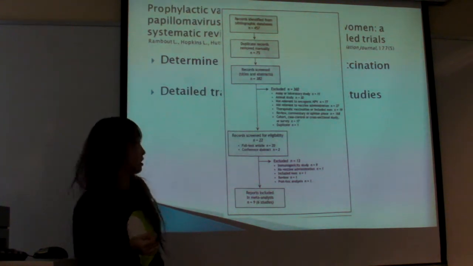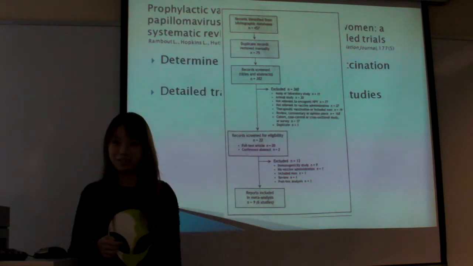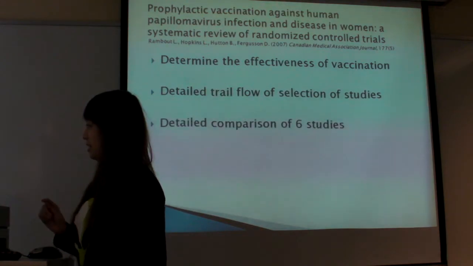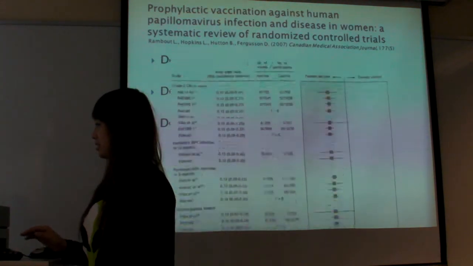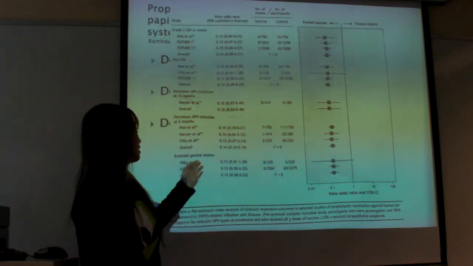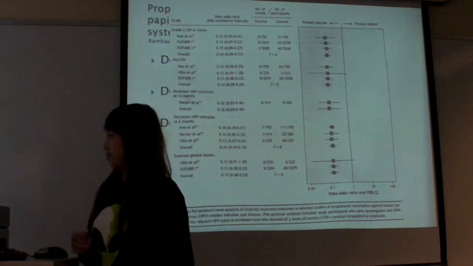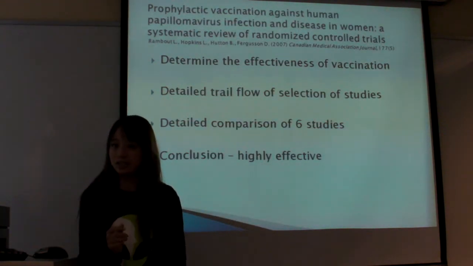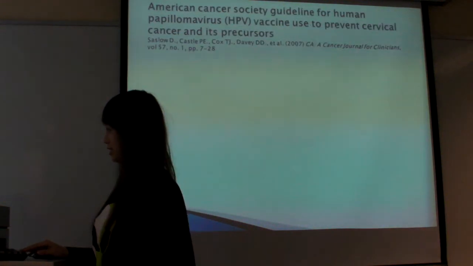It removed the bias, and finally got down to 6 studies only. And then they compared the 6 studies in detail, which is here in the table. You can see it favors the vaccine. And the conclusion is that vaccination is highly effective in the prevention of cervical cancer.